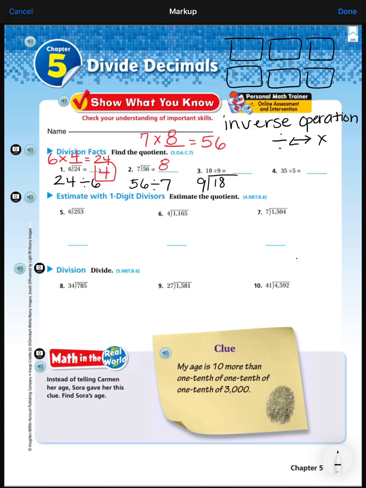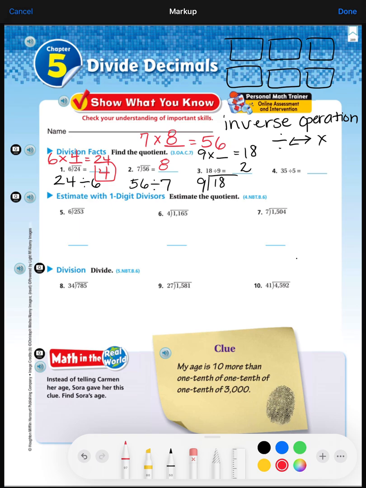And that's like saying we have 9 groups, we have 18 items, we want to know how many items would be in each group. So you could say 9 multiplied by what is equal to 18? Well, we know that 9 multiplied by 2 is equal to 18. Therefore, 18 divided by 9 is 2.